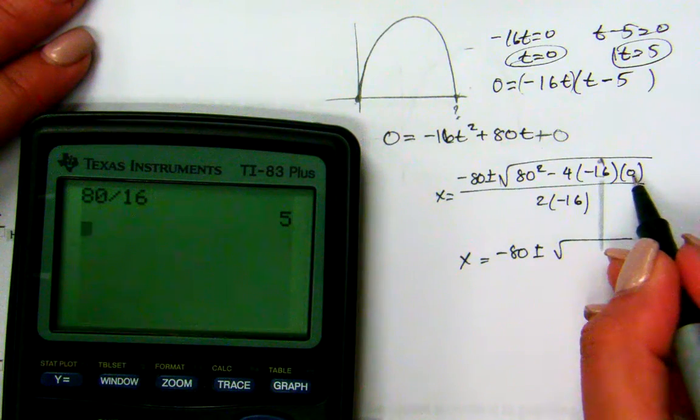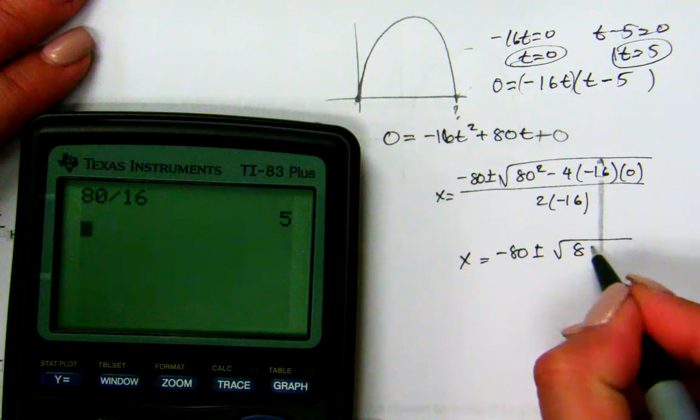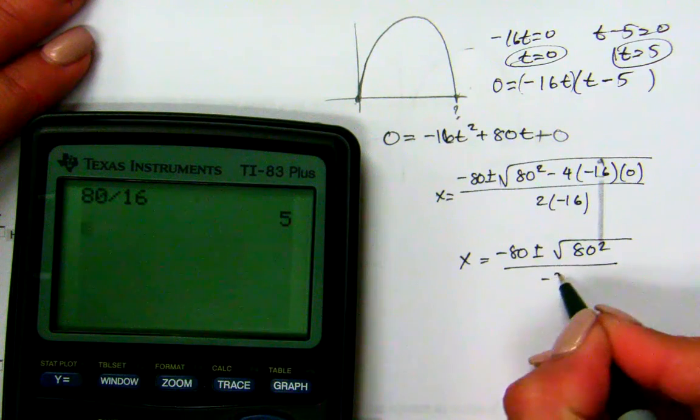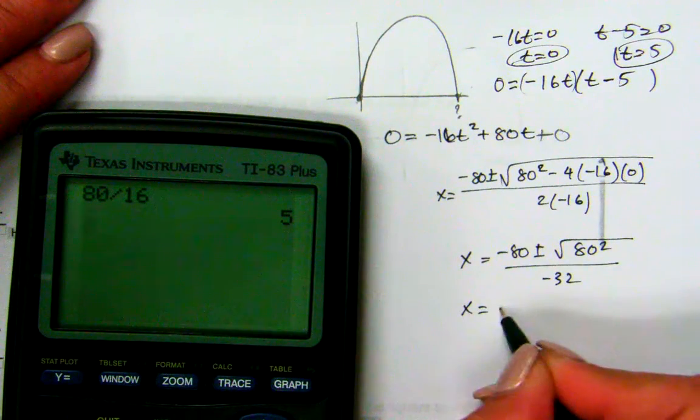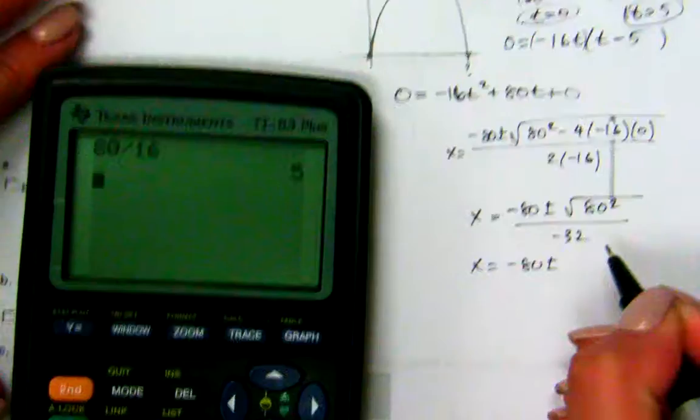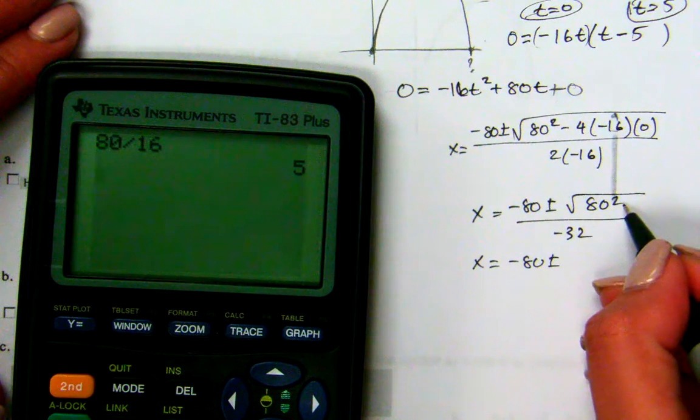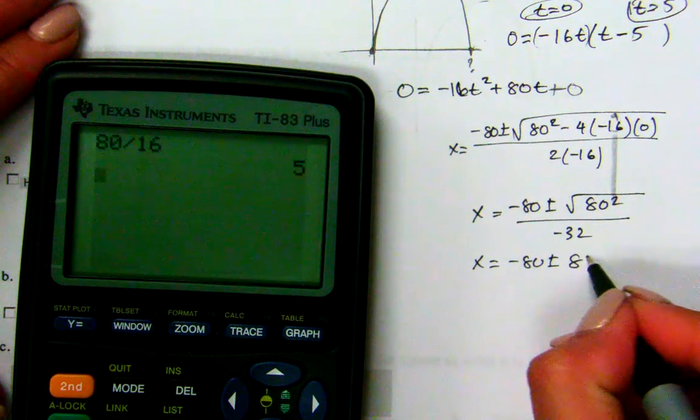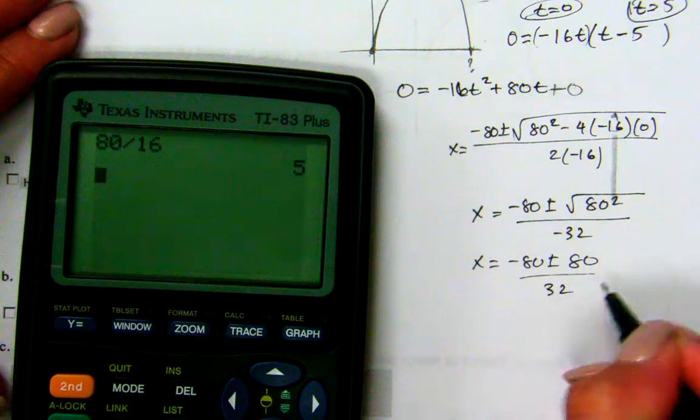This goes to 0. Anything times 0 is just 0. So negative 80 plus or minus the square root of 80 squared, divided by negative 32. What's the square root of 80 squared? Well, that's just 80 at that point. Divided by 32.